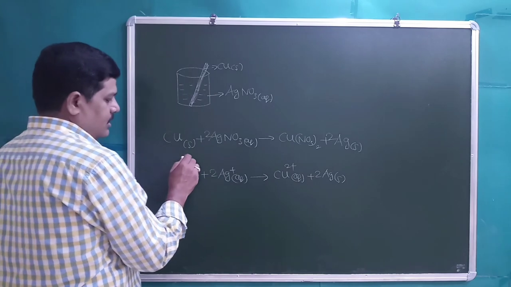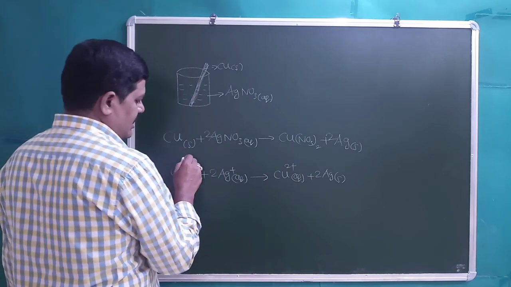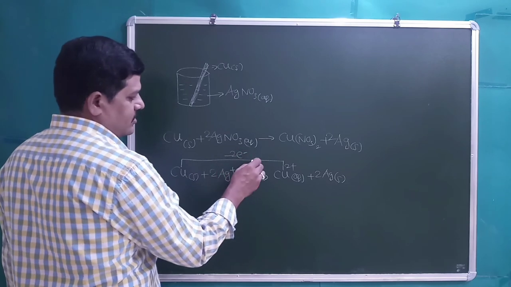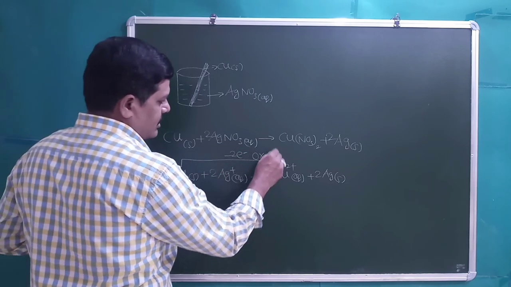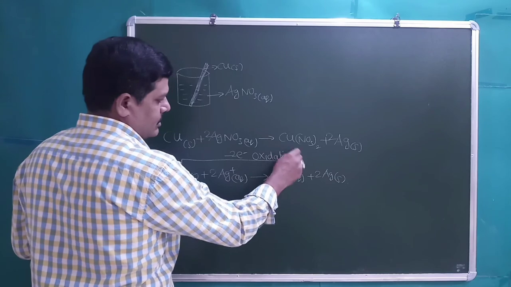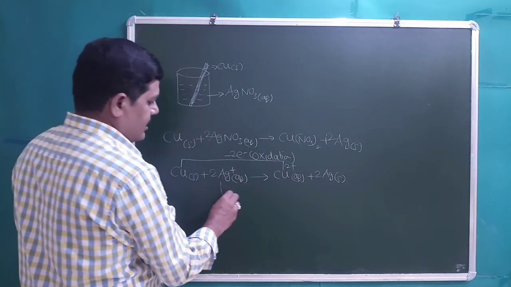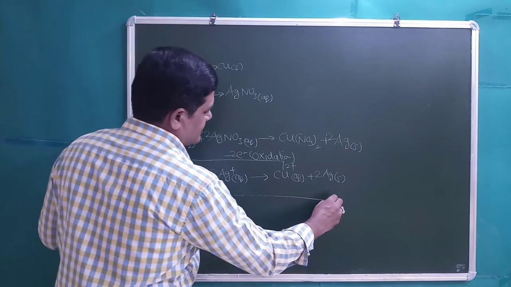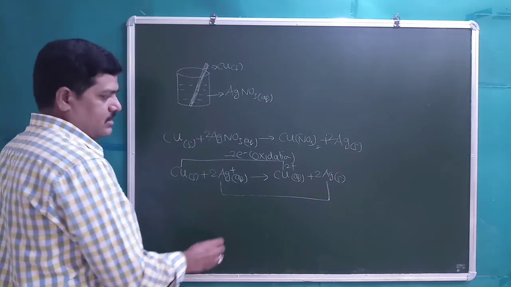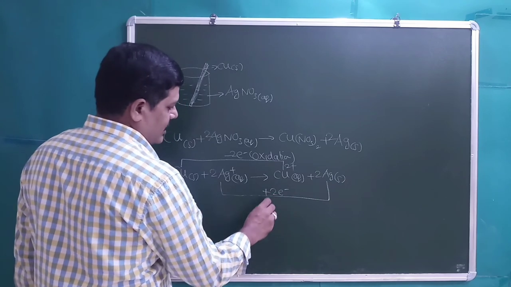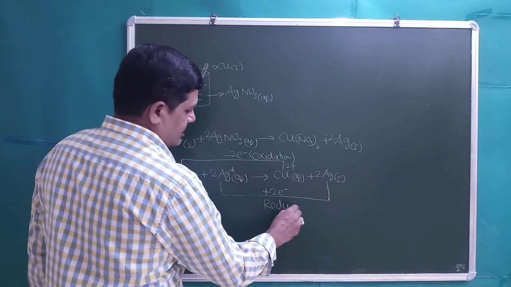For copper, the charge goes from 0 to +2, so it is losing 2 electrons. Loss of electrons is called oxidation. Meanwhile, 2Ag+ is converting into 2Ag solid by gaining 2 electrons. Gain of electrons is called reduction.